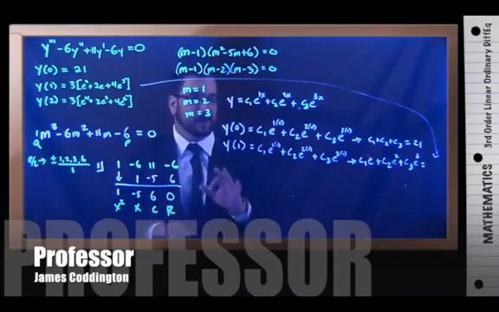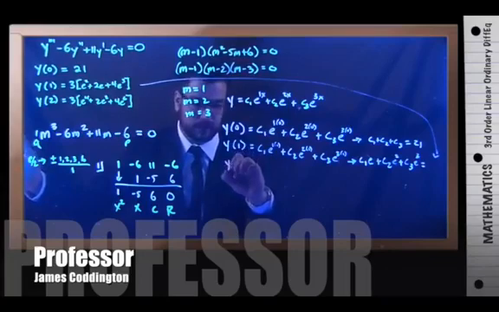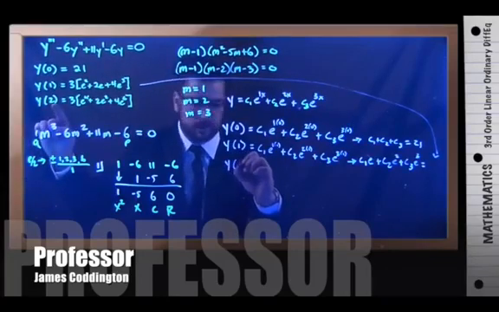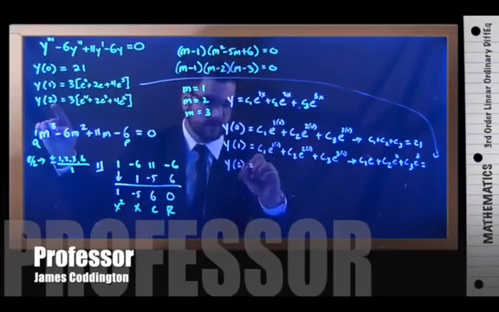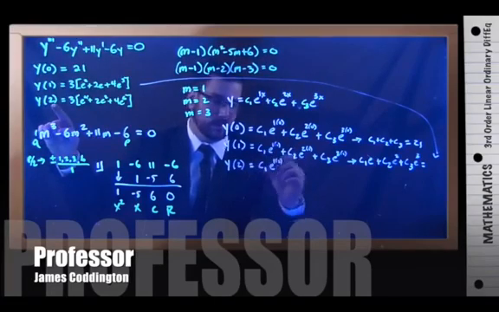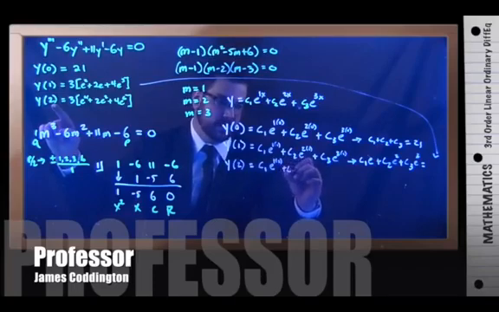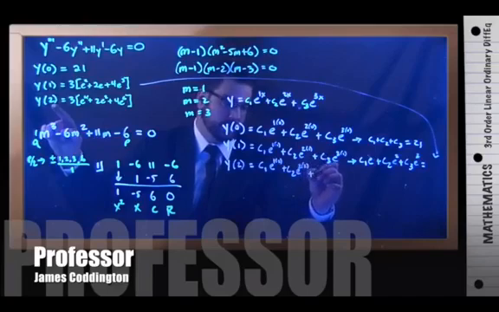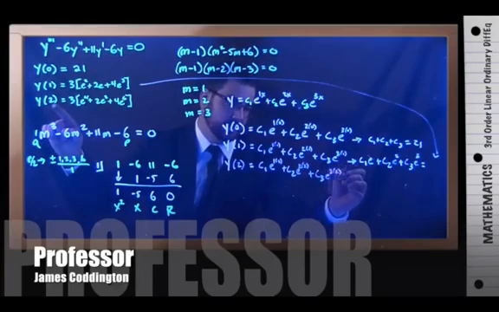Okay? And then our third equation, when we plug in 2 to the initial value, we get C1 e to the 1 times 2, that's our input, plus C2 e to the 2 times 2, plus C3 e to the 3 times 2.